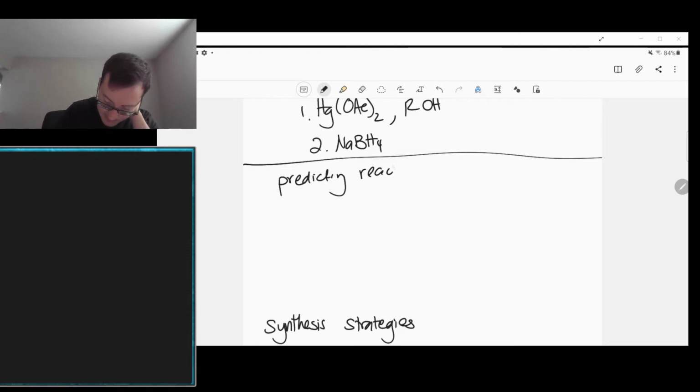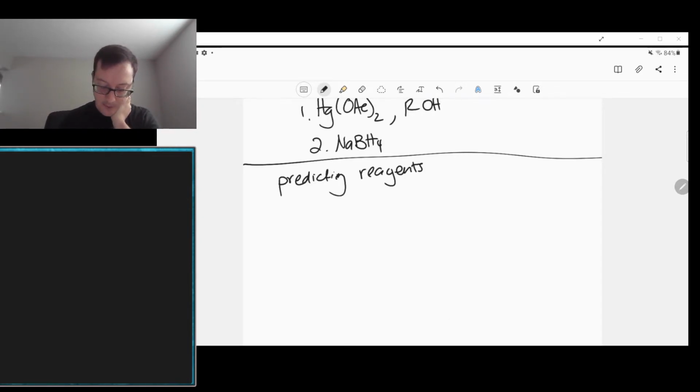What if you need to predict your reagents? Thankfully for us, we'll talk about synthesis later. With predicting reagents, meaning you're given an alkene to start and then your product, if you need to predict the reactants necessary to make that happen, it's again the same thing.